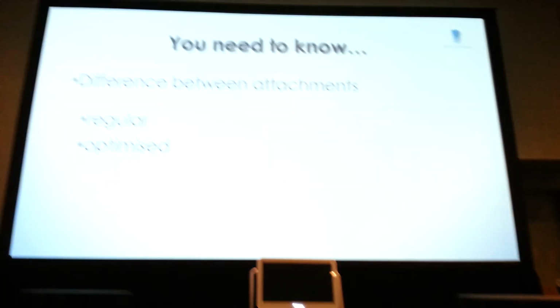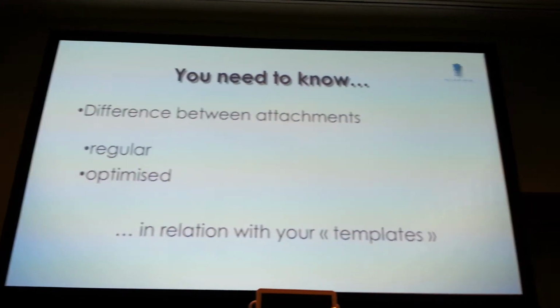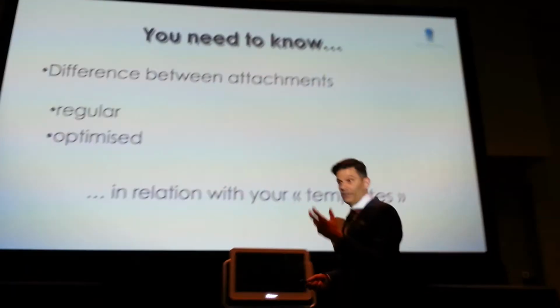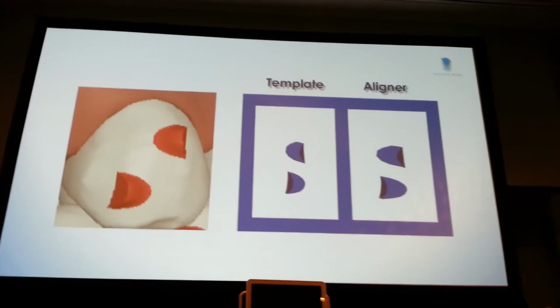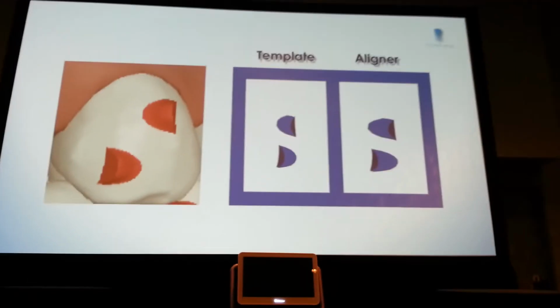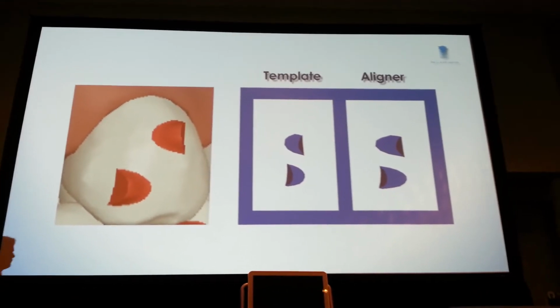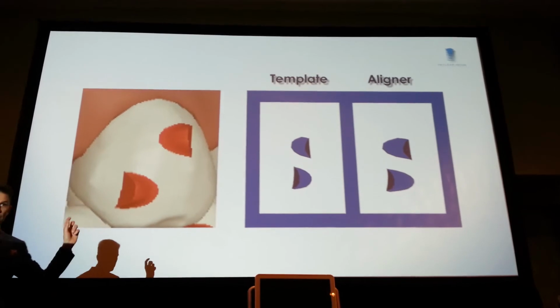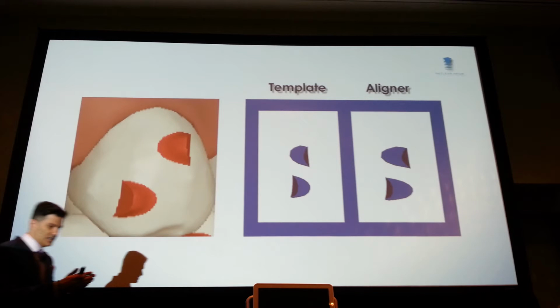The thing you need to know about optimized attachments related to your templates and your aligners is this. The shape of the optimized attachment in your templates is not the same as the shape in your aligners. You have more space in your aligners than in your templates. Why? Because there is a space created.